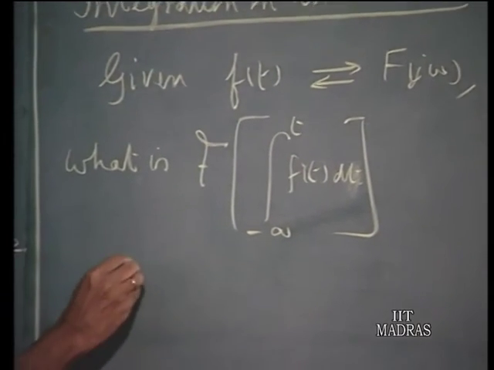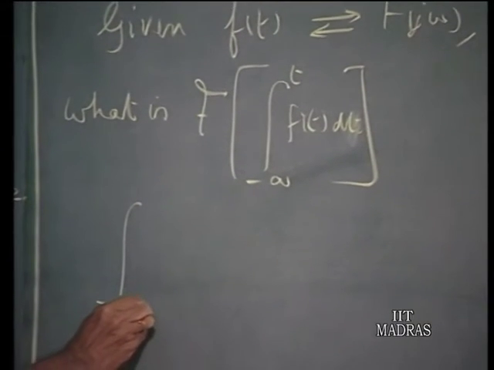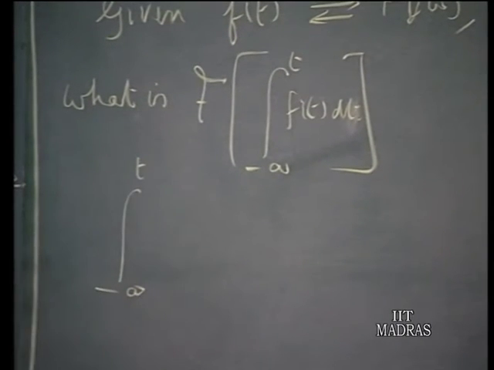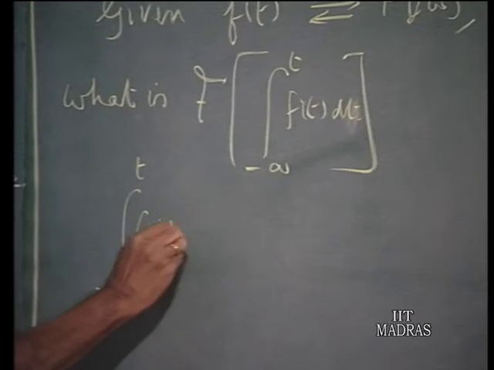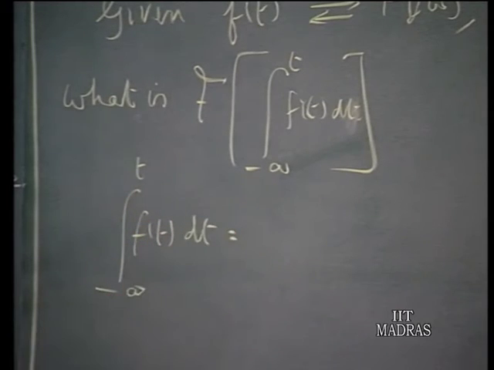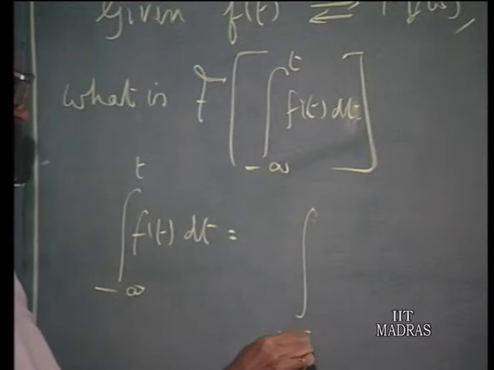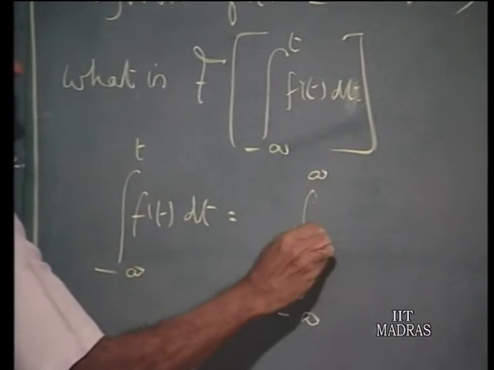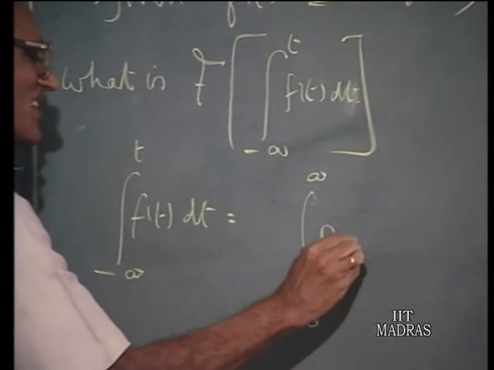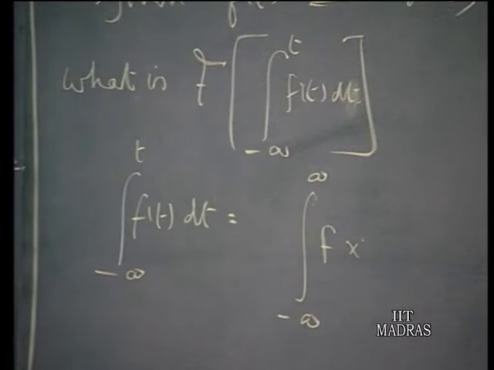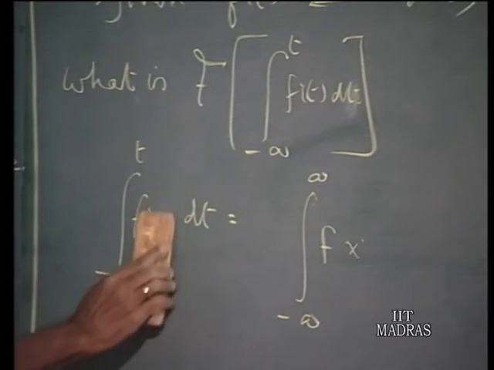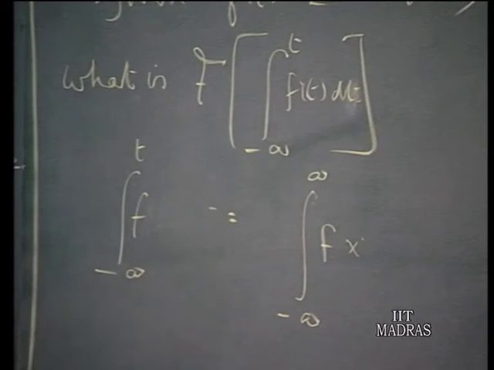You can see that the integral from minus infinity to t of f of t dt can be written as the integral from minus infinity to infinity of f of x dx, where x is a dummy variable.